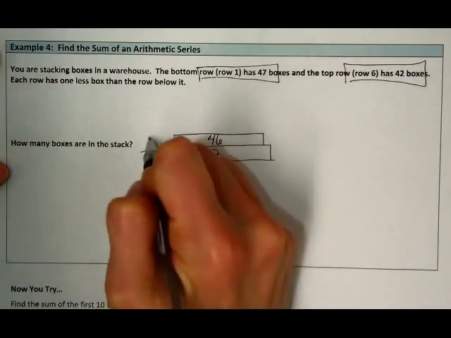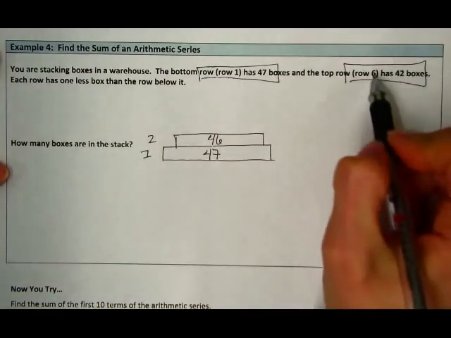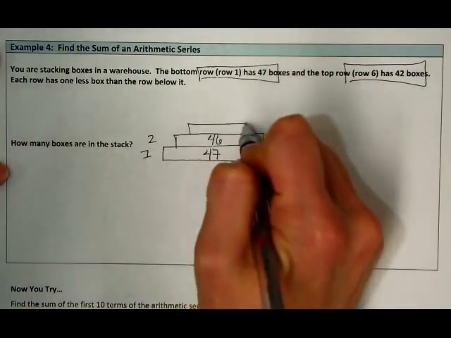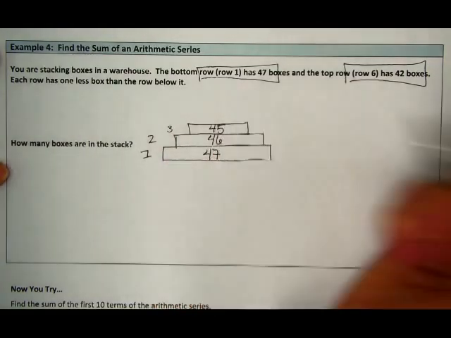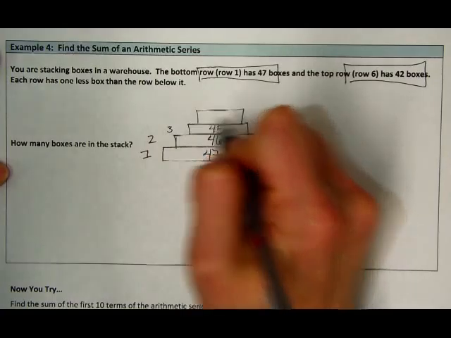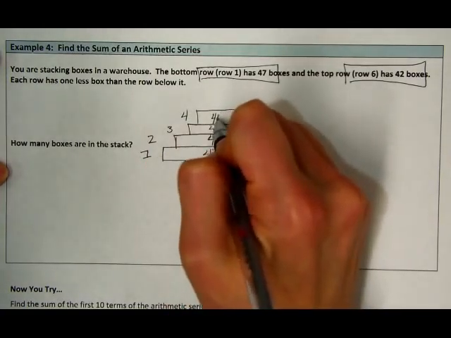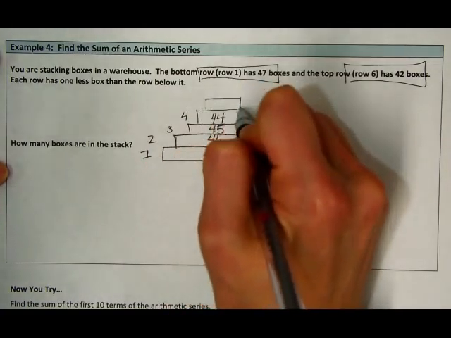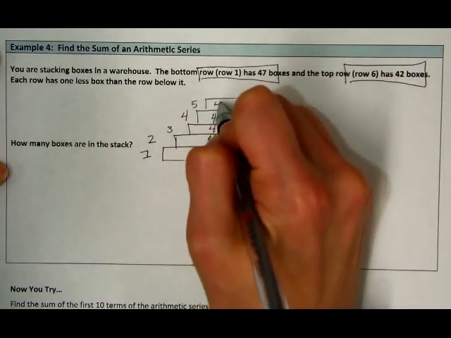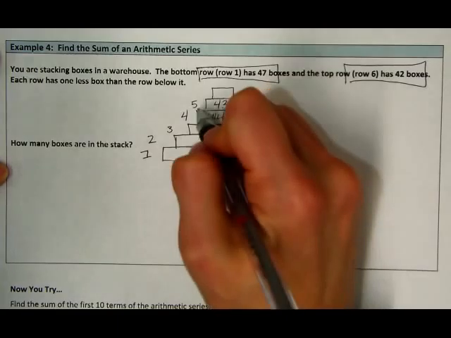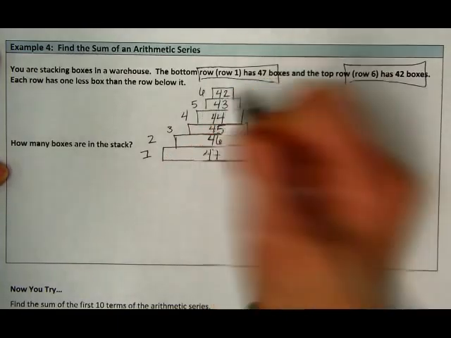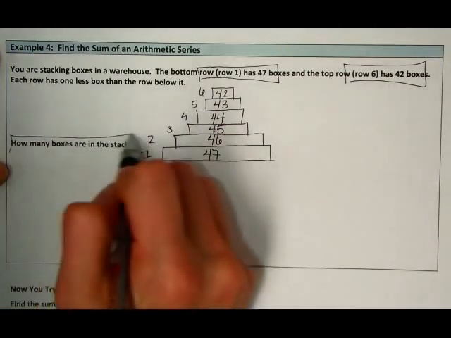This is row 1, this is row 2, so we know we have 6 rows. Our third row is going to have 45. Row 4 has 44. Row 5 will have 43, and just like it told us at the beginning, our sixth row has 42. How many boxes are in the stack?